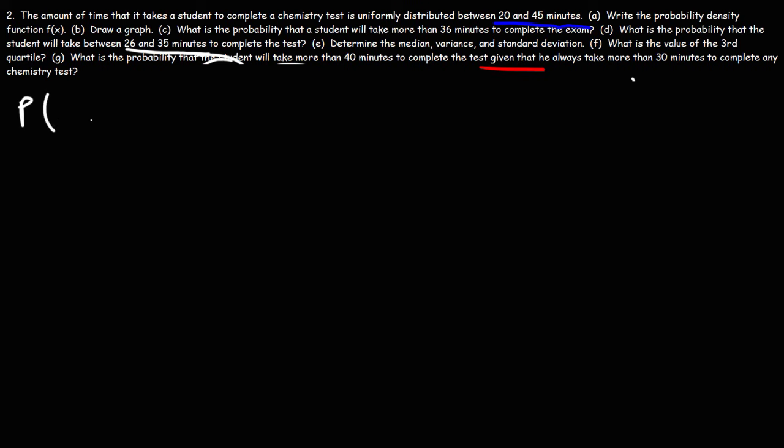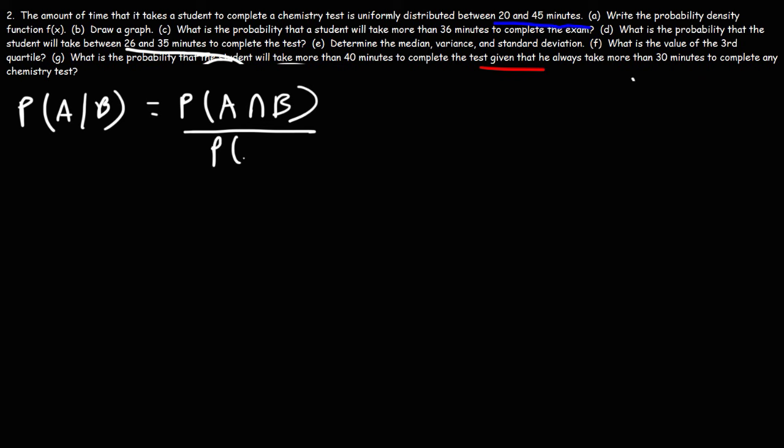The formula for conditional probability, let's say if we want to find the probability that event A occurs, given that event B has already occurred, this is the probability of getting A and B. This is the intersection between A and B, divided by the probability of event B occurring.